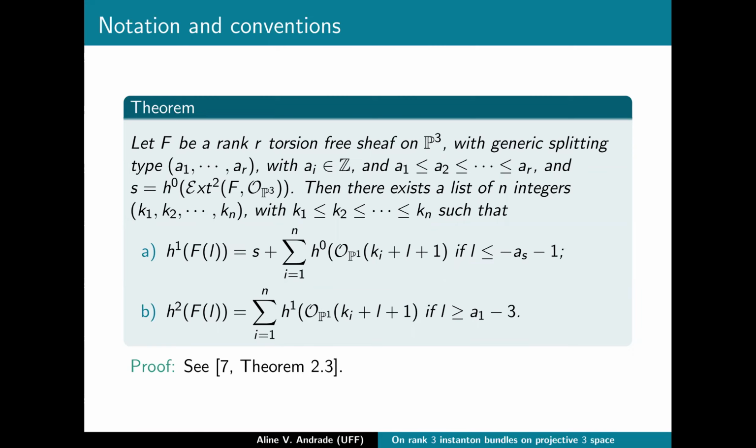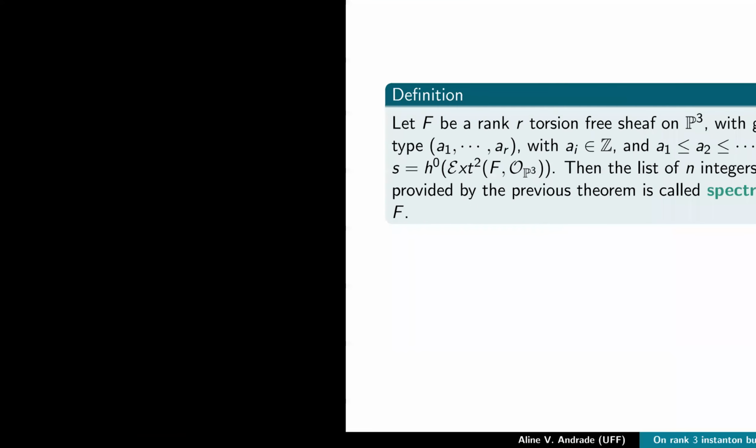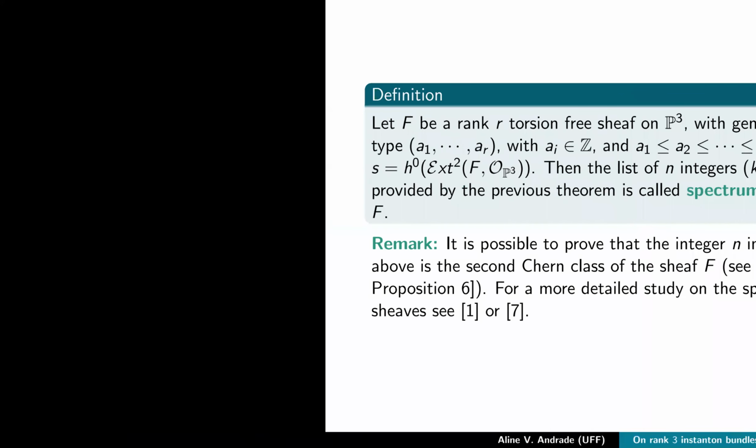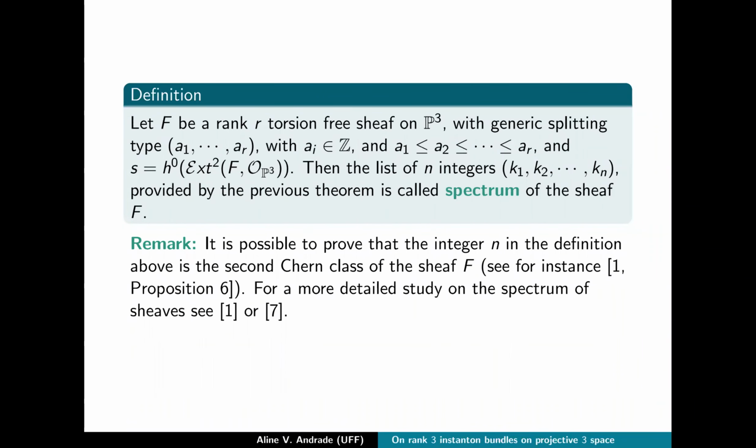Well, these integers that appear in this theorem have a specific name. They are called the spectrum of a sheaf. And moreover, the amount of these integers is controlled by the second Chern class of our sheaf.